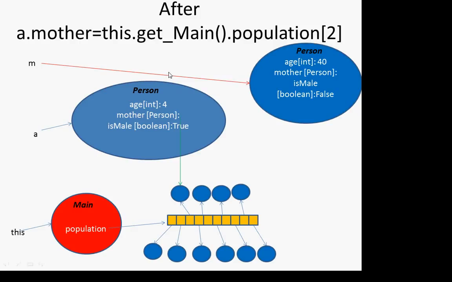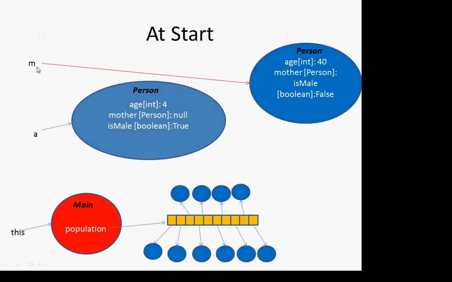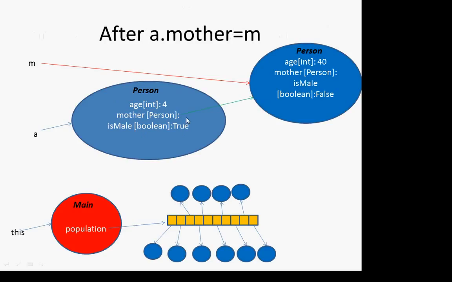The key thing I want to emphasize here, folks, is that when you do this, when you set the mother to reference this, it doesn't change what M refers to at all, right? So remember, we went from this to this. Here, A dot mother is referring to this.